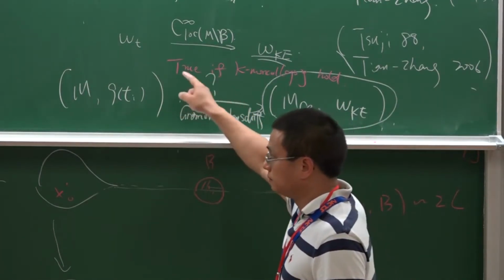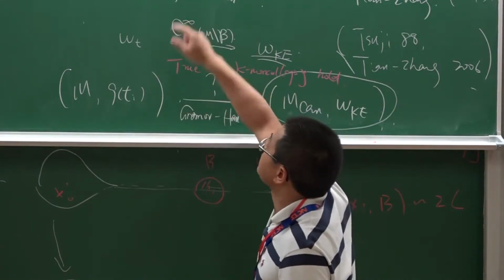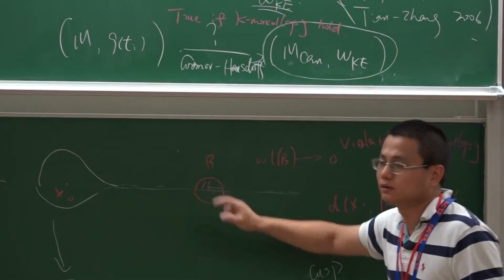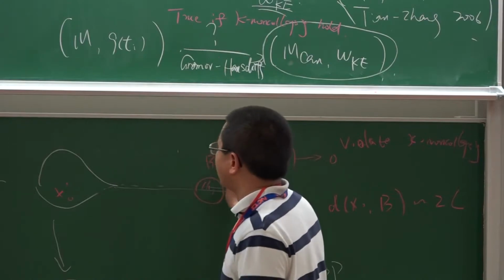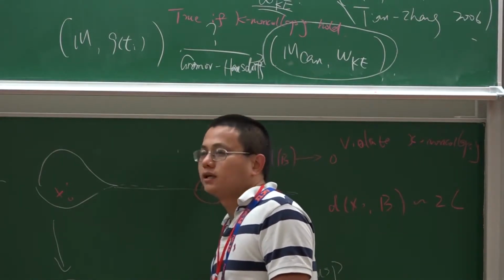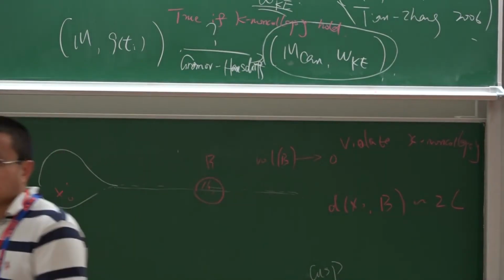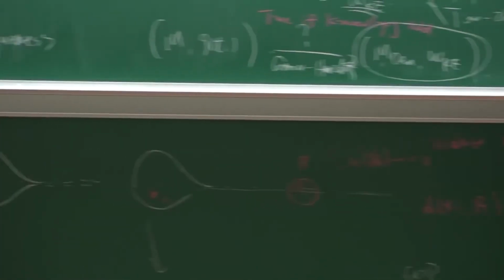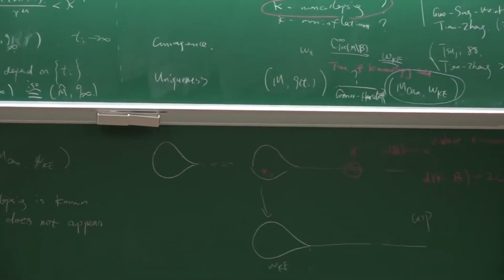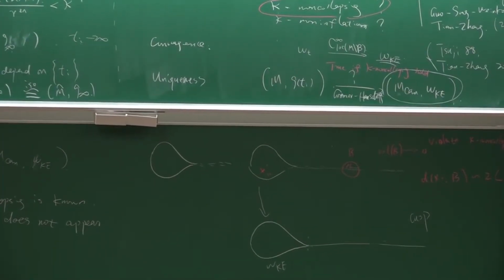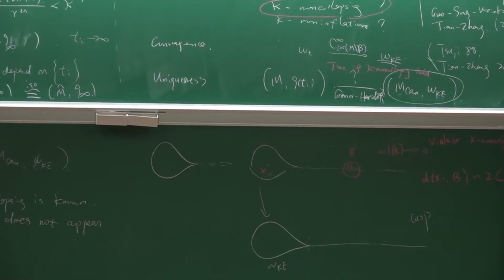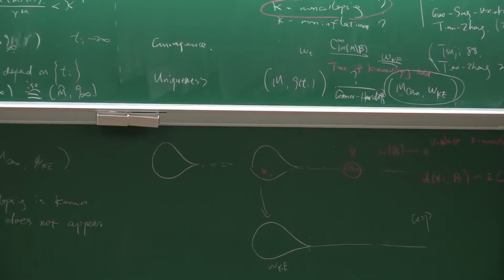The diameter bound: the diameter must be bounded, because if the diameter is very large, then you can always choose such a B. And actually, you can show the diameter must converge to the diameter of omega KE. So now, we call this Hamilton's program to solve the Poincaré conjecture. The key difficulty is kappa non-collapsing. Right.